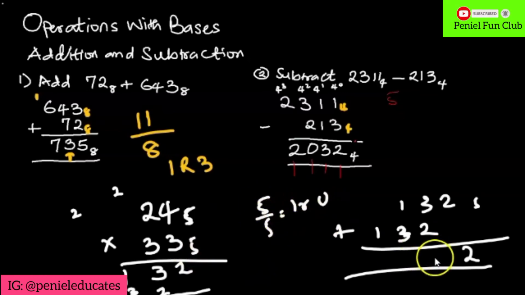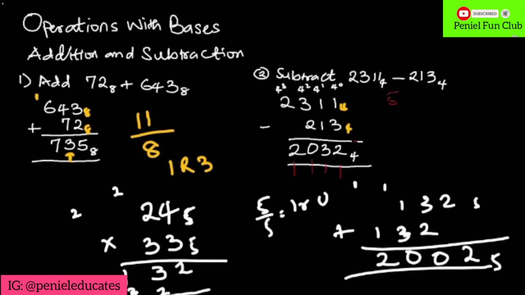I put my 0 here, and I carry my 1. So 1 plus 1, that's 2 plus 3, 5, that's another one. 5 is going to give me 1 remainder 0 again, so I put my 0 here, then I carry my 1. So 1 plus 1 is going to give me 2. All right, so this multiplication 24 by 33 in base 5 is actually 2002.